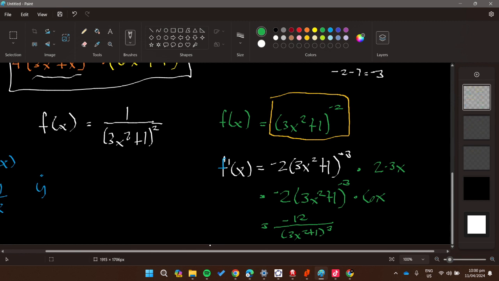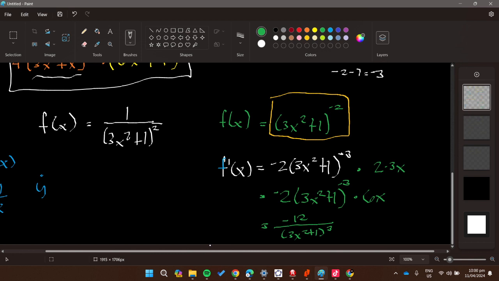Let me see if I can find another example. One more example before we proceed to trig functions. I think I can no longer find a decent example. Wala na. Alright, so that's all about chain rule.